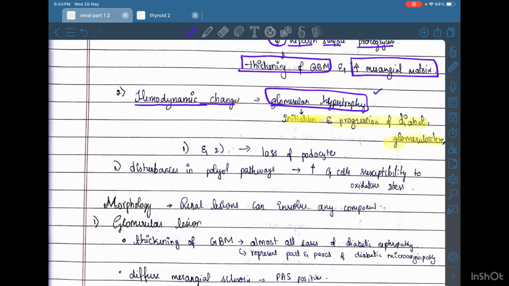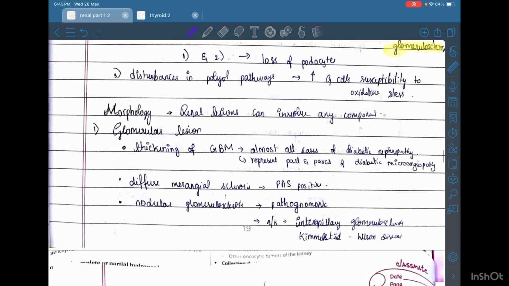Glomerular hypertrophy leads to glomerulosclerosis. Then both the glycation products as well as the hemodynamic changes lead to loss of podocytes. The third pathway is disturbance in the polyol pathways, which leads to increased susceptibility of glomerular cells to oxidative stress.